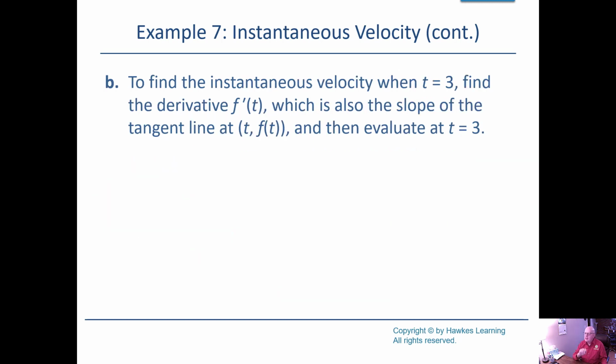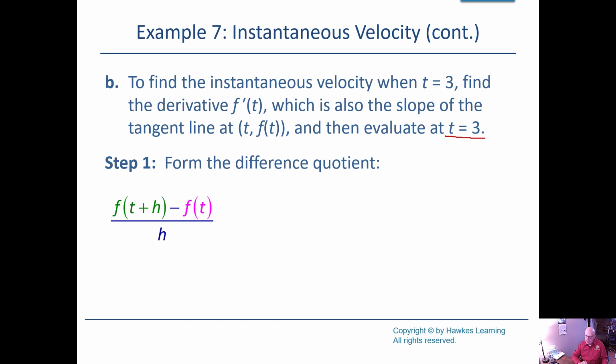Okay, instantaneous velocity. So we want the slope of the tangent line, and when we get that, we're going to evaluate it for what it is at t equals 3 seconds. Instantaneous, not average. So go to the difference quotient.